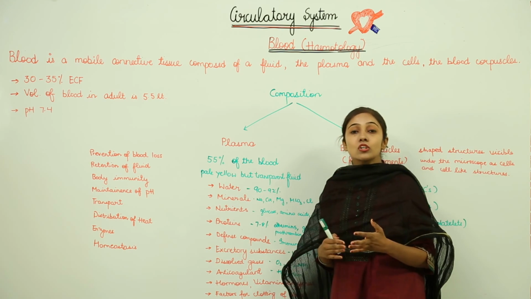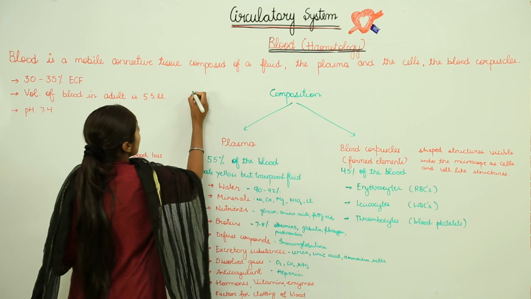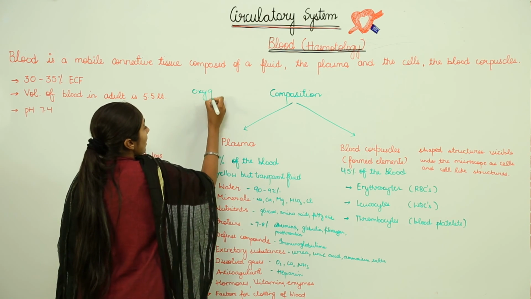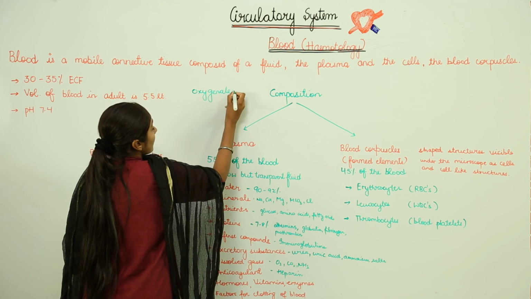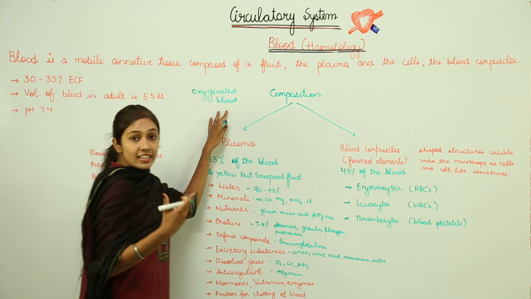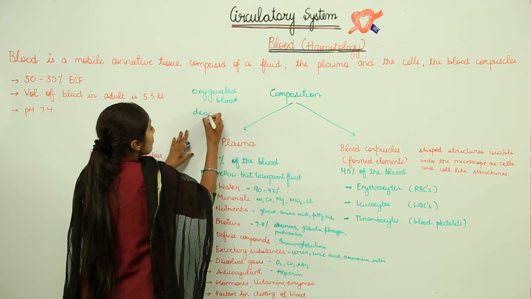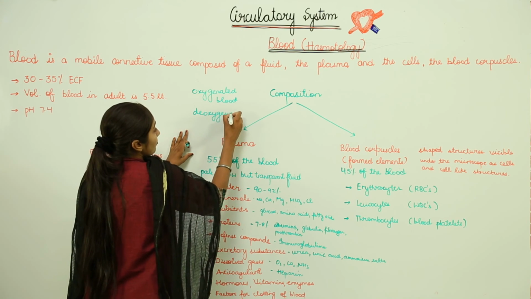When the blood is oxygenated, it is red in color, right? If we talk about oxygenated blood, what is it? It is rich in oxygen, it is deep red in color. When we talk about deoxygenated blood, it is deficient in oxygen, right?